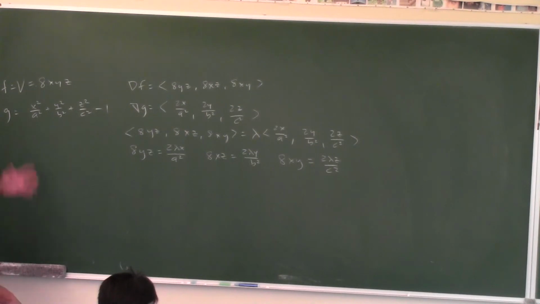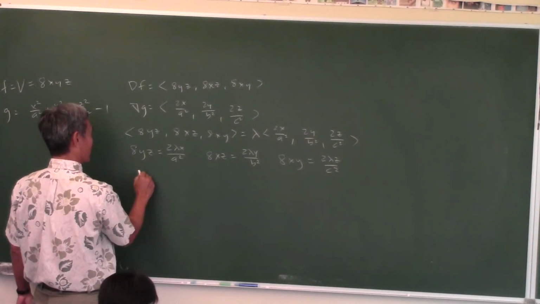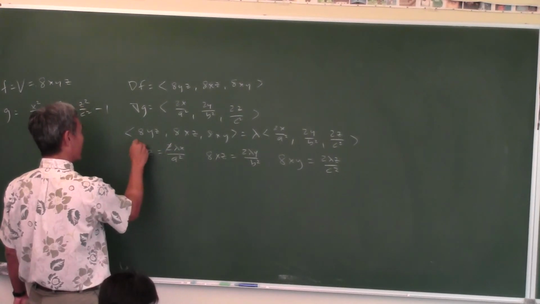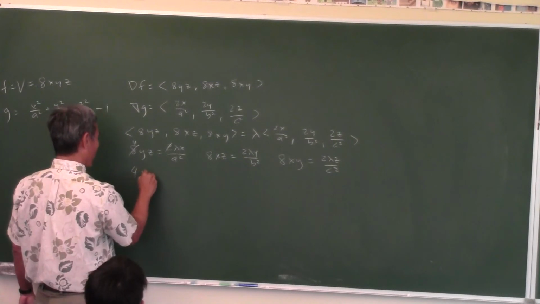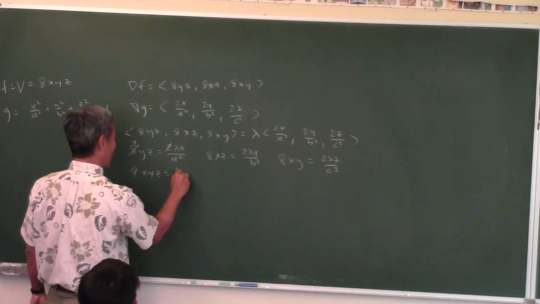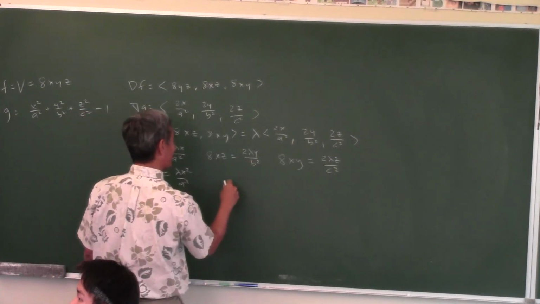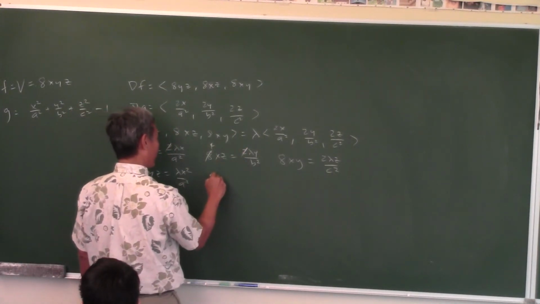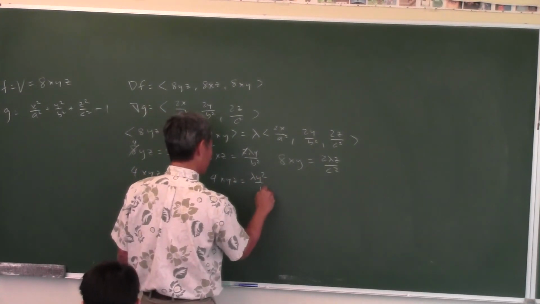So why don't we just do the same thing we did last time? Multiply this equation on both sides by x. 2 goes into 8 4 times, so 4xyz is equal to lambda x squared over a squared. You can see it's coming out already. Multiply both sides by y, so 4xyz is equal to lambda y squared over b squared.